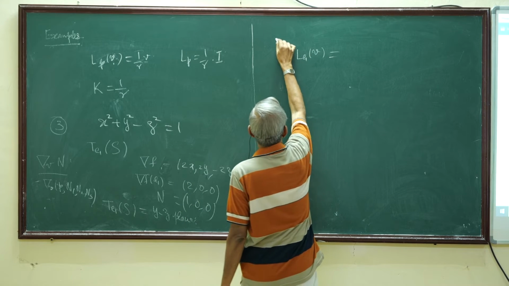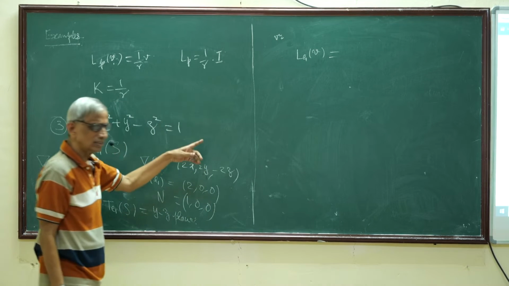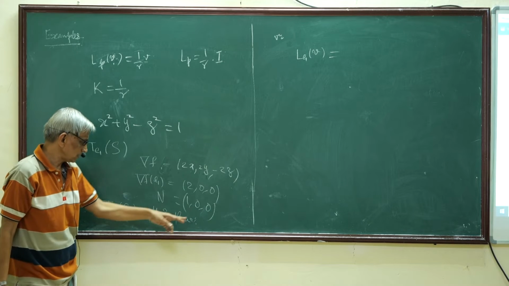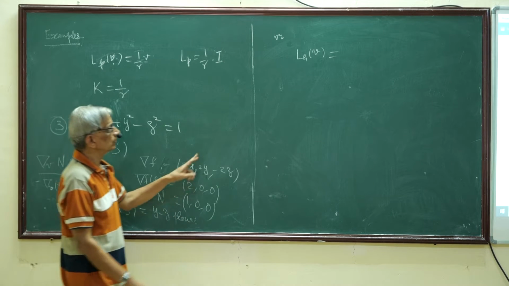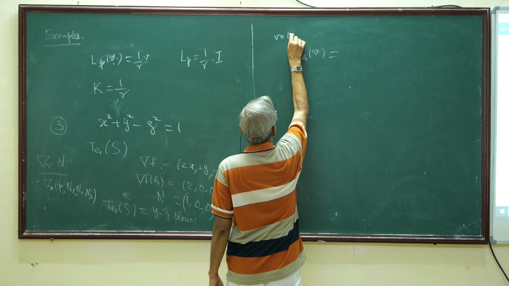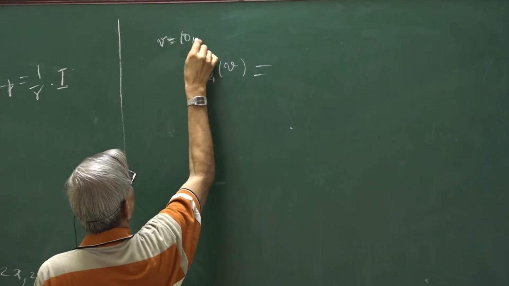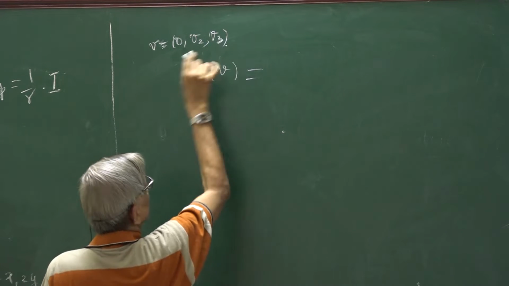So V is... the tangent space is now the YZ plane. Okay. So you take V to be (0, V2, V3), right?